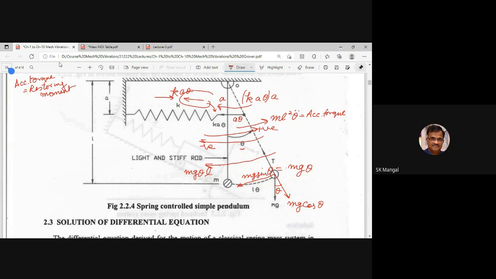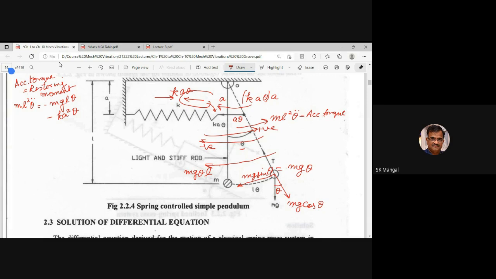So I can write ml square theta double dot is equal to minus mgL into theta, then again minus Ka square into theta. This is the equation of motion for the spring controlled pendulum.